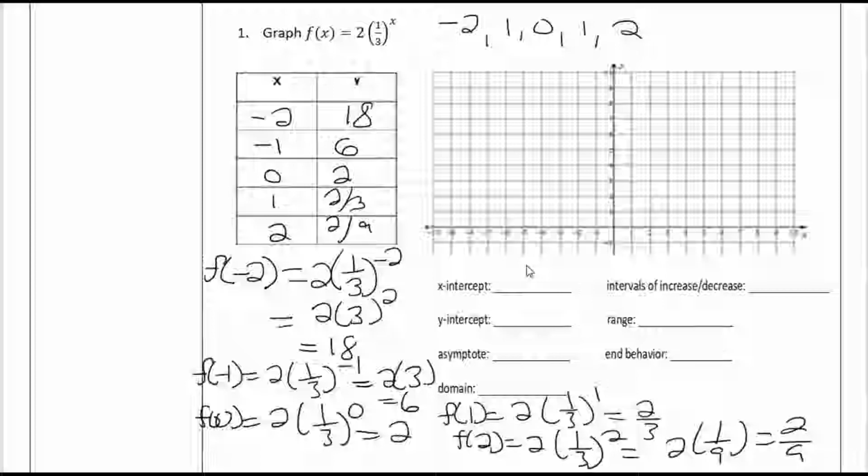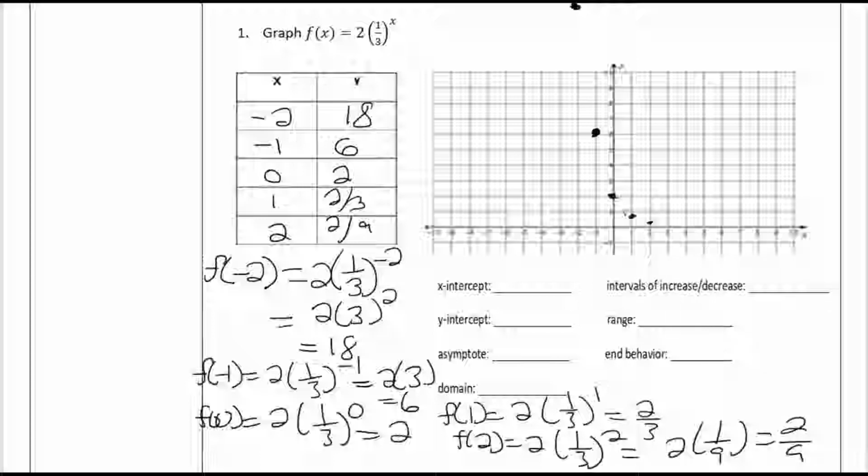So we have -2, and we have all the way to 18. Since we have all the way to 18, it's all the way up here. We may not even have to graph it, but I'll just put a point way out there. We got -1 and 6. We have 0 and 2. 1 and 2/3 is less than 1. 2 and 2/9 is less than 2/3.